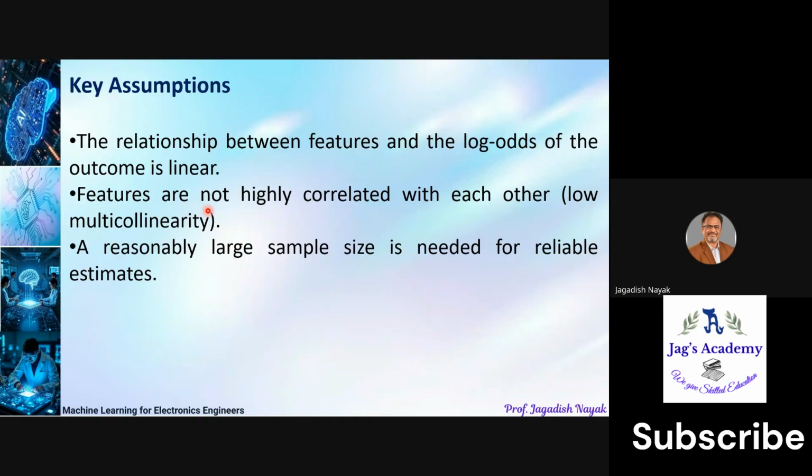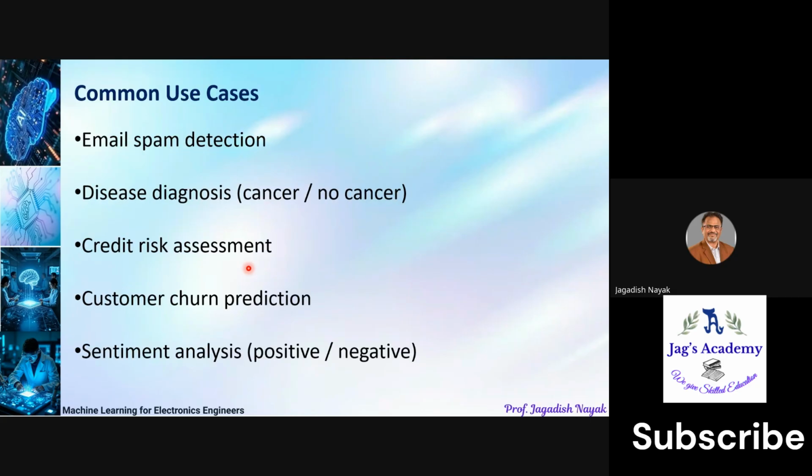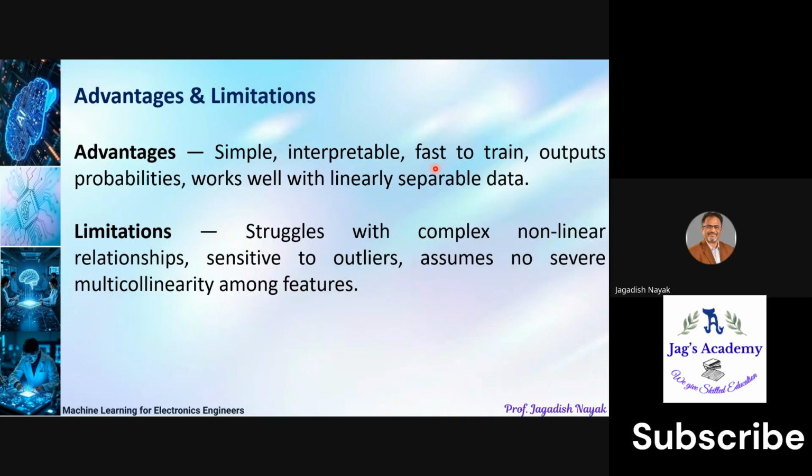Feature to feature, there is a difference. A reasonably large sample size is needed for reliable estimates, which means your training set needs to be very large. Common uses: email spam detection, disease diagnosis, credit risk assessment, customer churn prediction, sentiment analysis. In all these places you can use logistic regression.